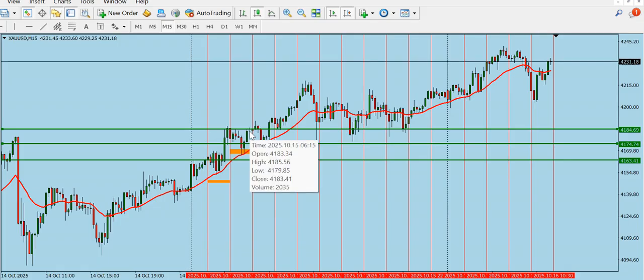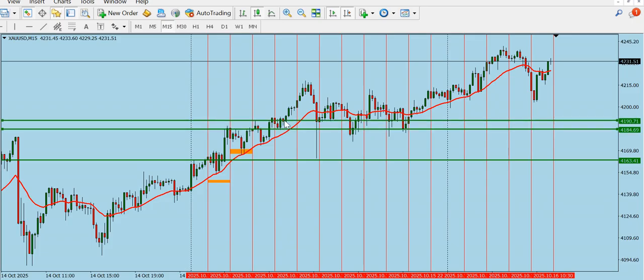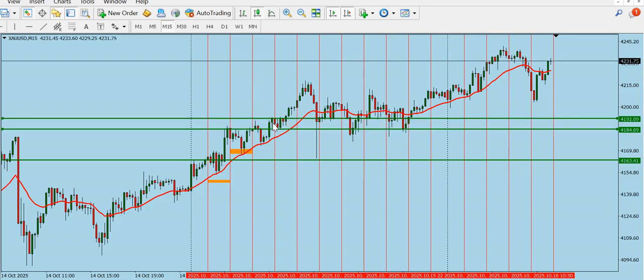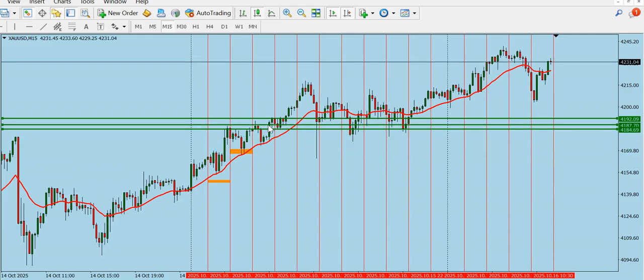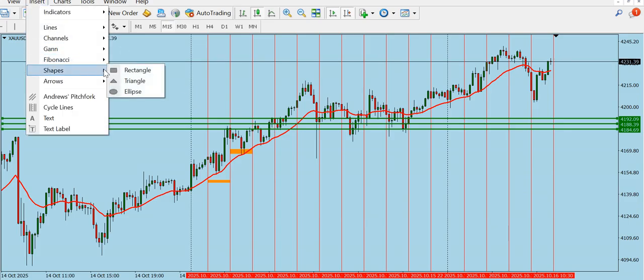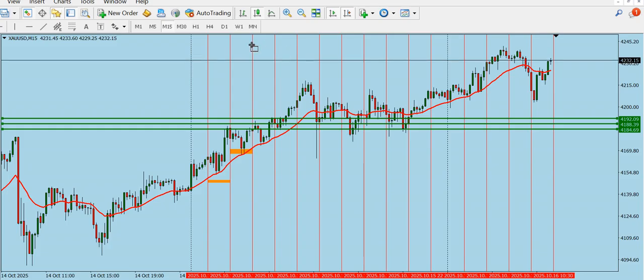Then from here to here, price rose, so I'll move this to the close of the last candle before the separator. I'll divide it into two, and I'll place the support shape on the lower half.